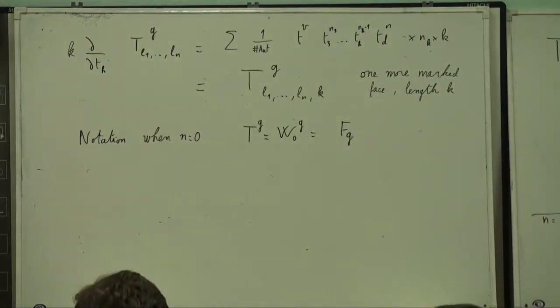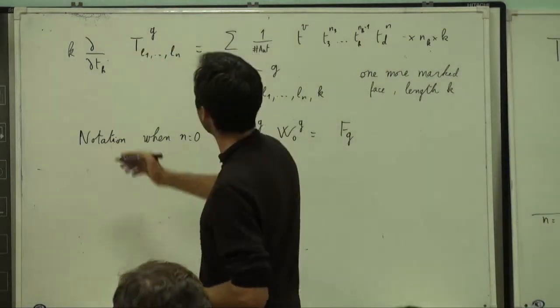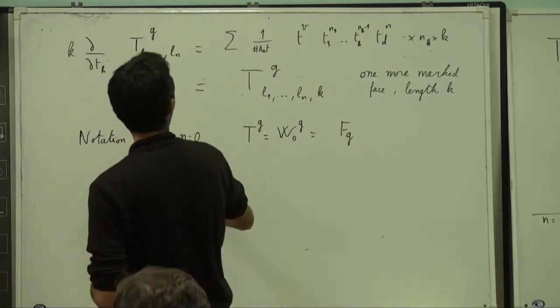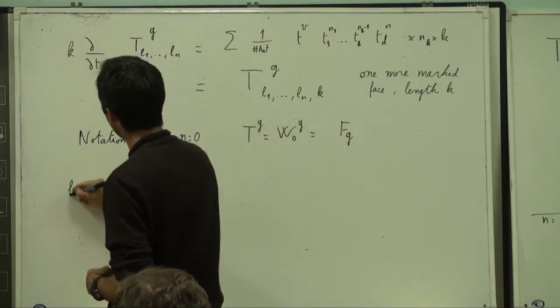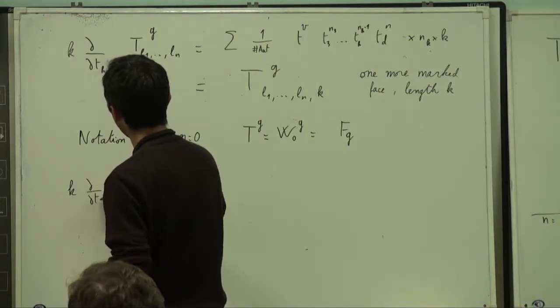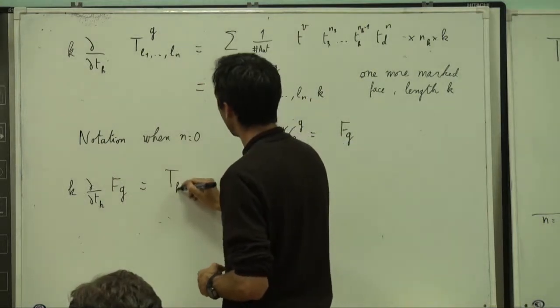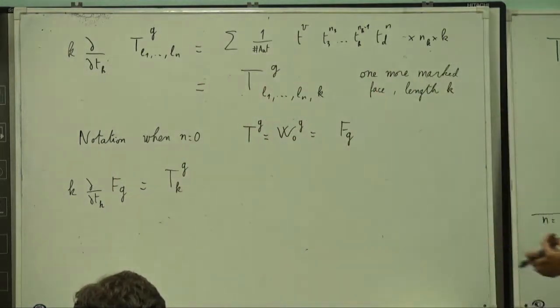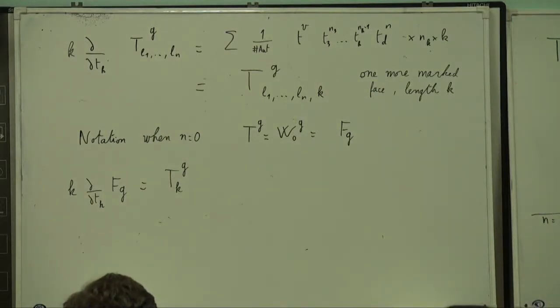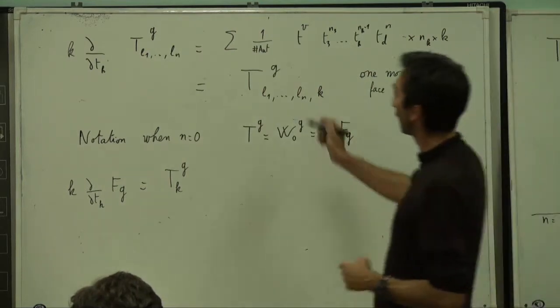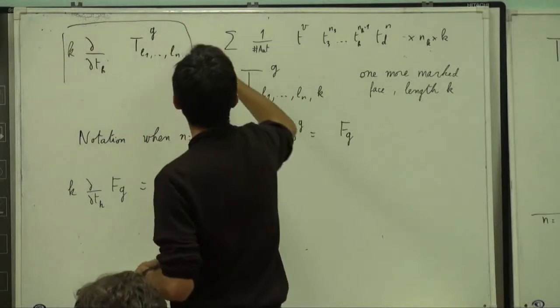It's the standard notation used by everyone for this object. So from the previous relation we see that d over dt_k of F_g is T_{k,g}. So we had zero marked faces, and now we get one marked face of length k. It's just a special case of this relationship.